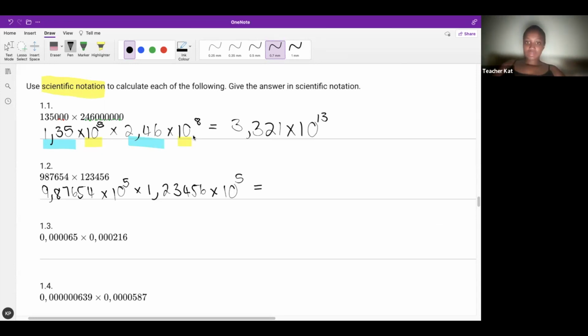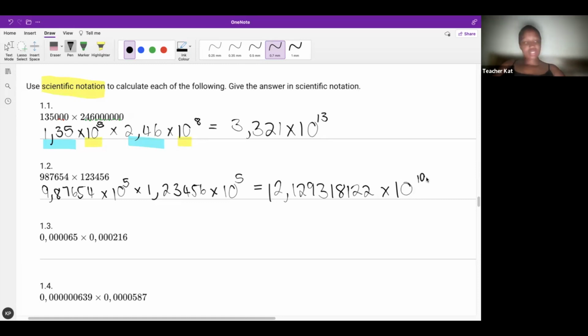Anyone? Okay, let's see. 12,1293181 22. Now let's do our whole adding of exponents. It's going to be times 10 to the power of 10.